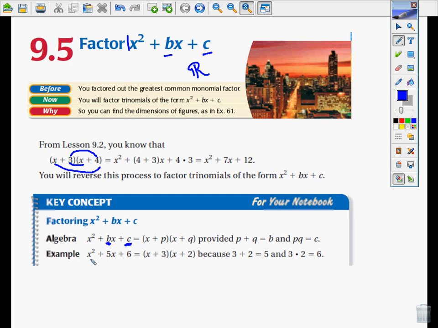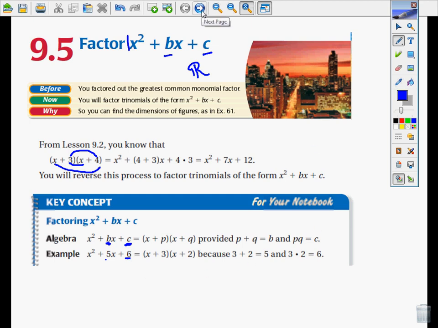So if we look down here at x squared plus 5x plus 6, it factors into x plus 3 times x plus 2, because 3 plus 2 is 5, the b coefficient, and 3 times 2 is 6, which is the c. C is not a coefficient. I probably said that before, but I meant the constant.